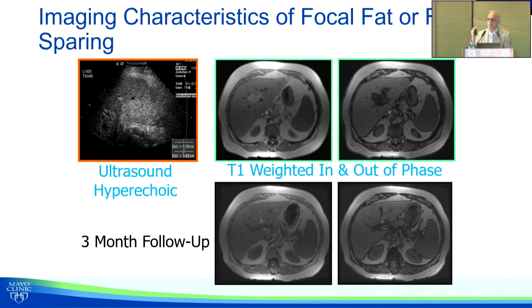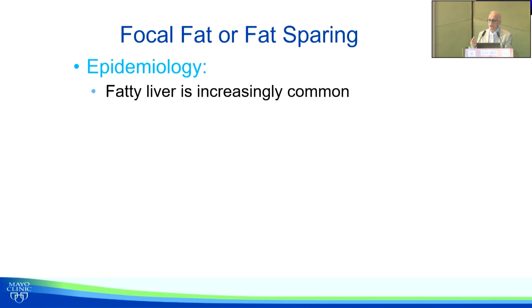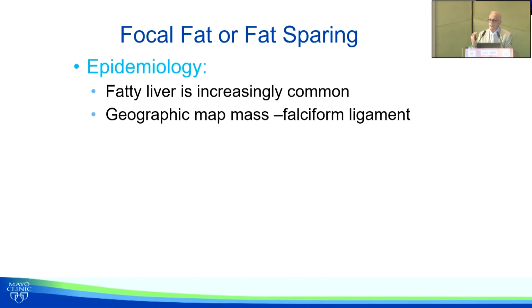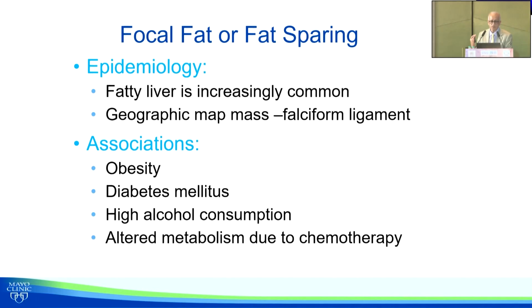So iron is black in the in phase, fat is black in the out phase. And so just with weight loss, you can see completely resolved. Now you are going to see focal fat because it's common. Remember, geographic and near the falciform ligament, it's associated with obesity, diabetes, high alcohol consumption, and altered metabolism due to chemotherapy.